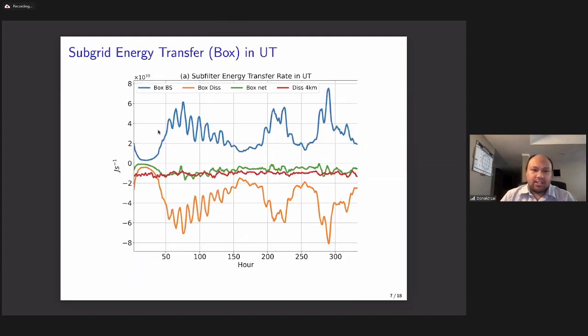And again, this is the time series of P separated into backscatter and dissipation. In this plot, only the box filter is used, and this plot shows the result in the upper troposphere.